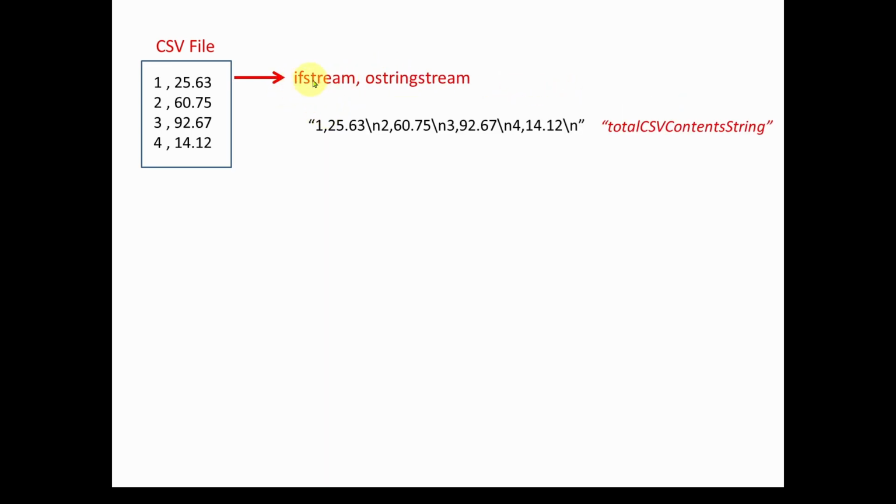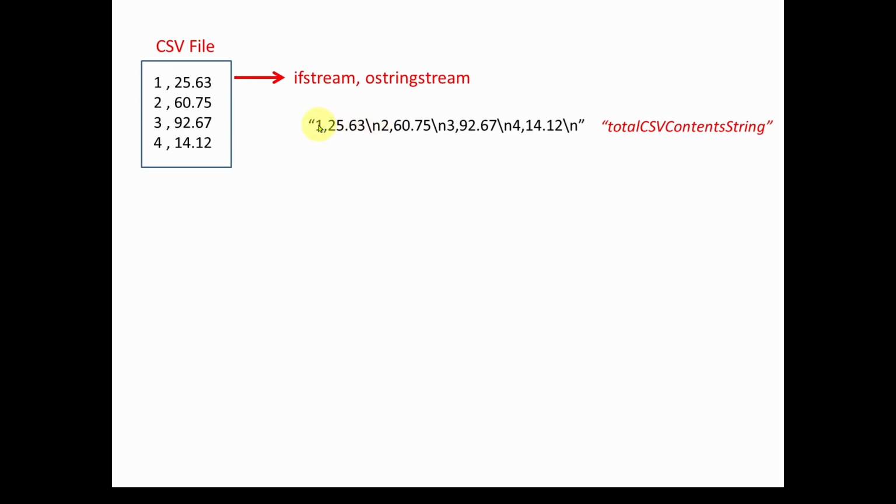So once we do the input file stream and write it to a buffer in output string stream, we're going to have something that looks like this. It's basically converted all of the data in a file into a big long string of data. And notice that it also includes the new line characters at the end of each line. We talked about that in our previous video about reading in from a file, what that new line means and what the carriage return means.